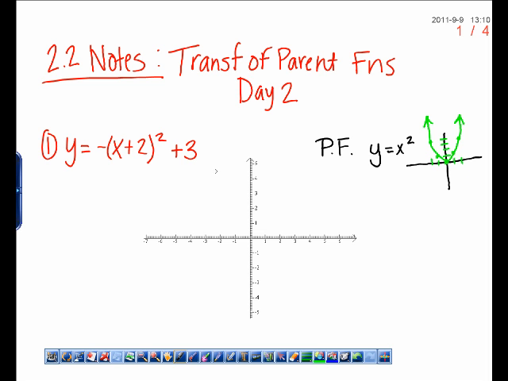Okay? Let's list the transformations that are going on over here. Left 2. That's the first thing we're going to do. Why is it left 2? Yeah, it's inside the parentheses. It's affecting our x, so it's opposite what we think. Then what?